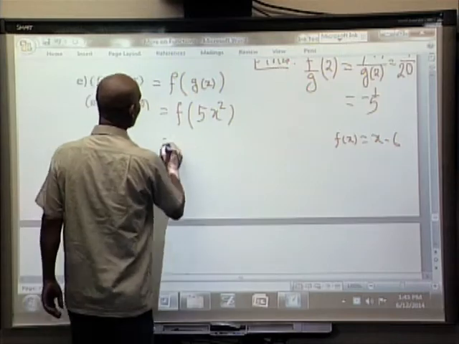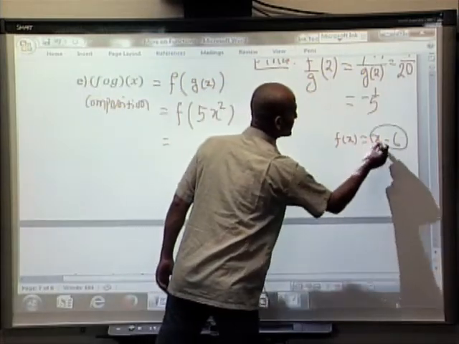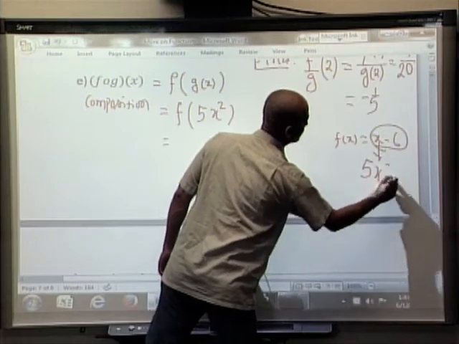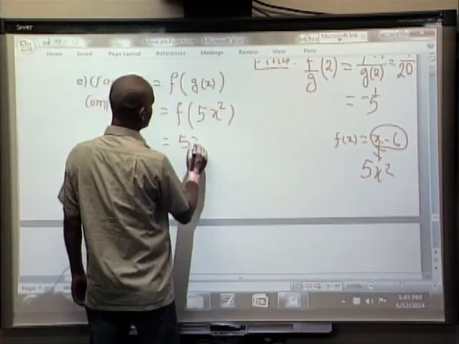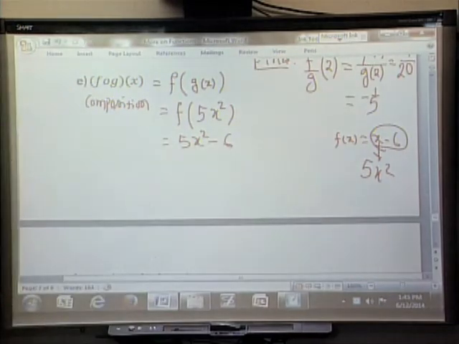So f of 5x squared will be, replacing x in this formula by 5x squared, 5x squared minus 6. This is how we can compute the composition of two functions.